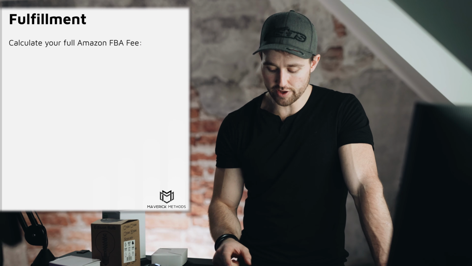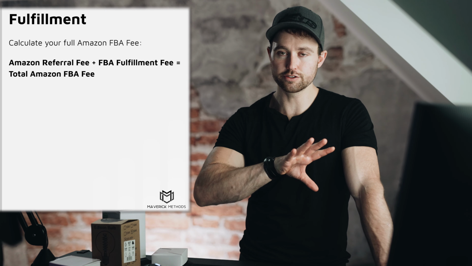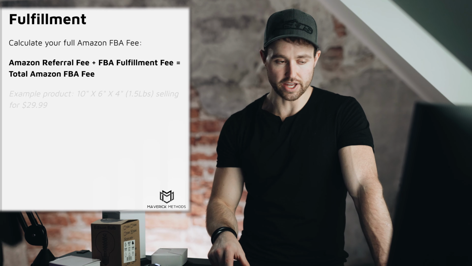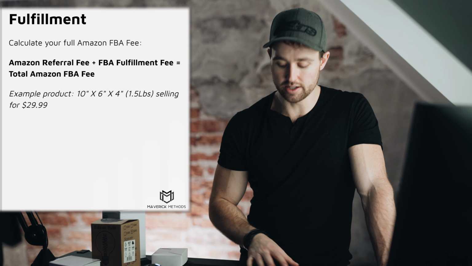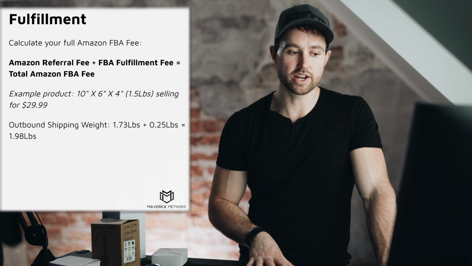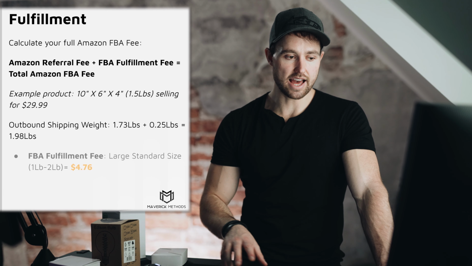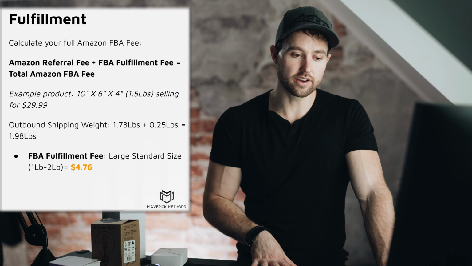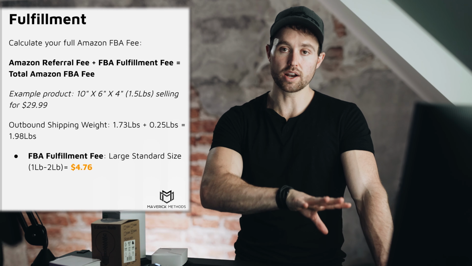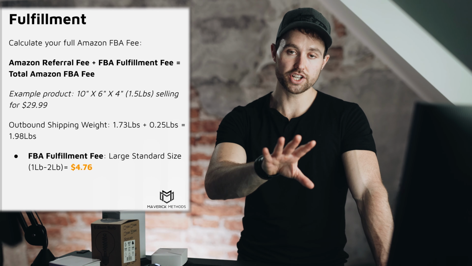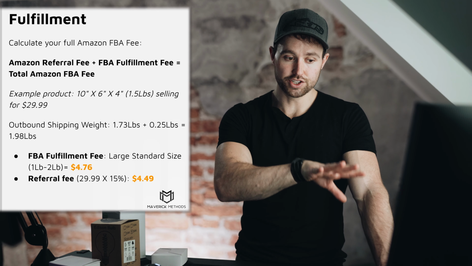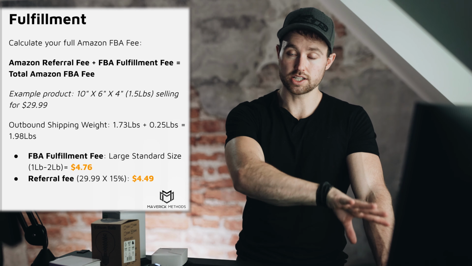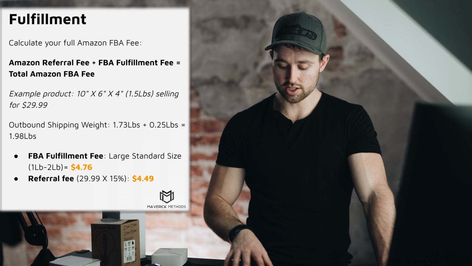And lastly, you're going to calculate your total Amazon FBA fee, and this is simply going to be your referral fee plus your FBA fulfillment fee. So if we take our example product but selling at $29.99, then we can establish outbound shipping rate of 1.98 pounds, and our FBA fulfillment fee is in the large standard size 1 pound to 2 pound range, which is $4.76, and our referral fee, which is 15% of our sale price in this case, is $4.49.